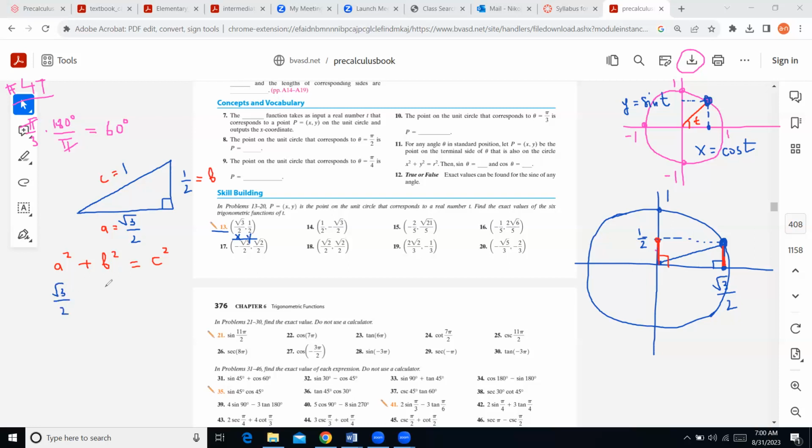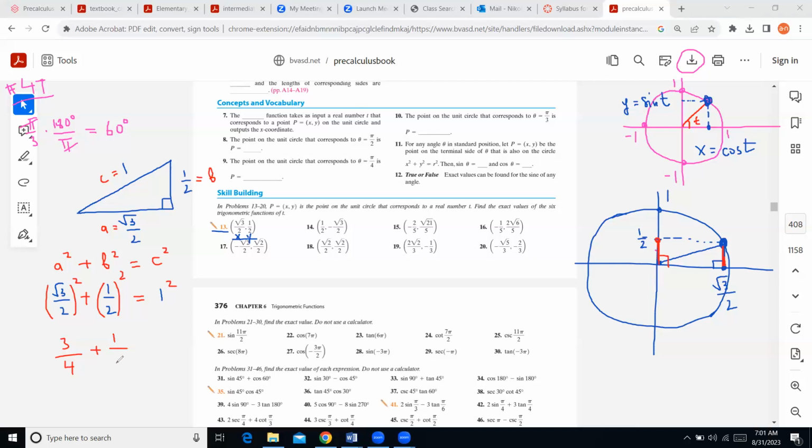So I can just replace my A and B as well as letter C with those numbers. So we're going to also have to square this and then add it with the square of 1/2 and see if indeed this is equal to 1 squared. Well, if I have a square root, when I square it, I get just 3, and then I square the denominator, I get a 4.